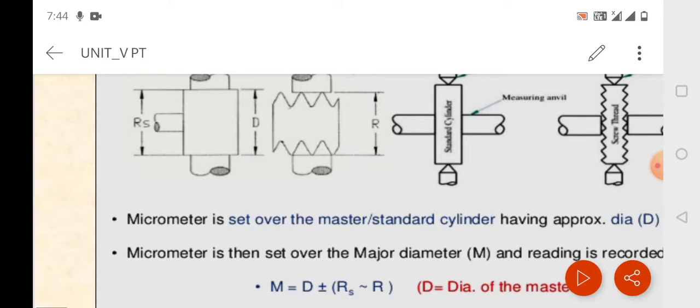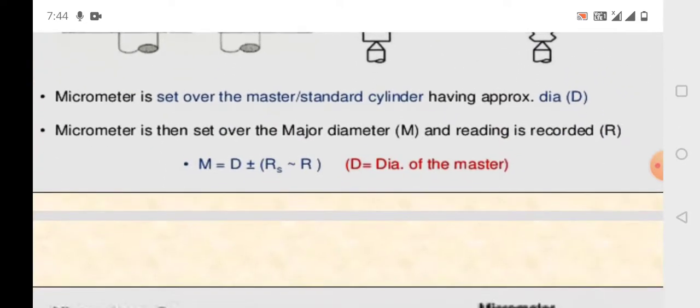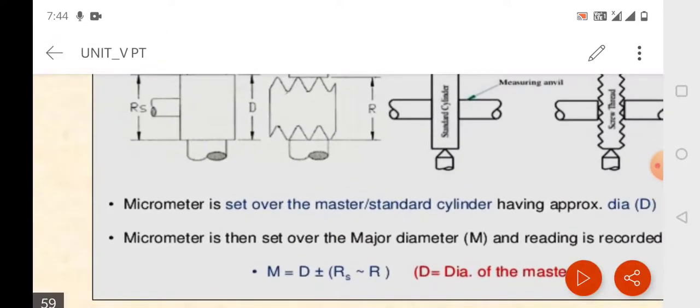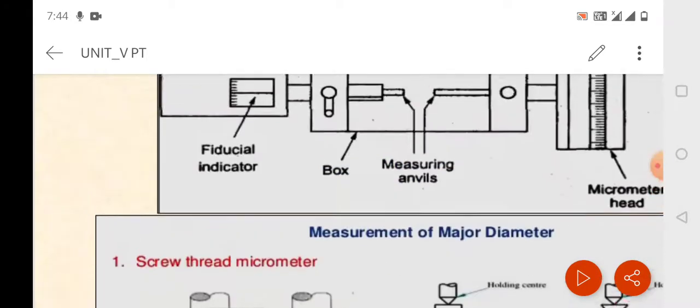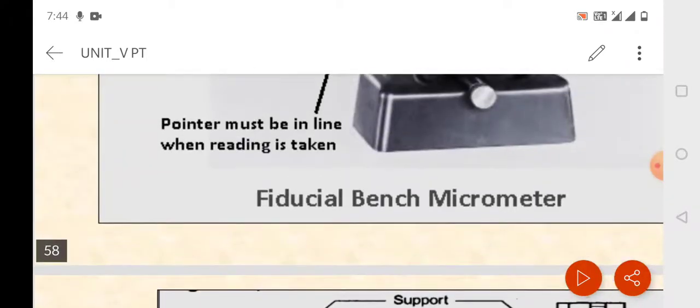D is the diameter of the master cylinder which is entered first. This is the way in which we can measure the major diameter with the help of this fiducial bench micrometer.